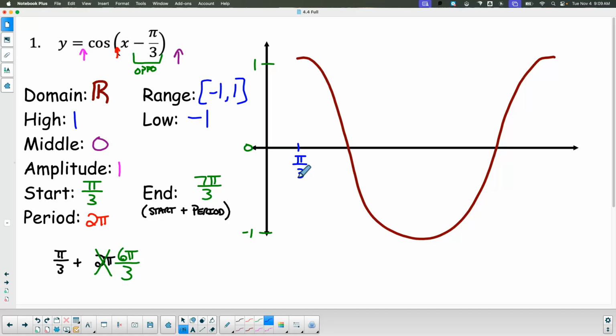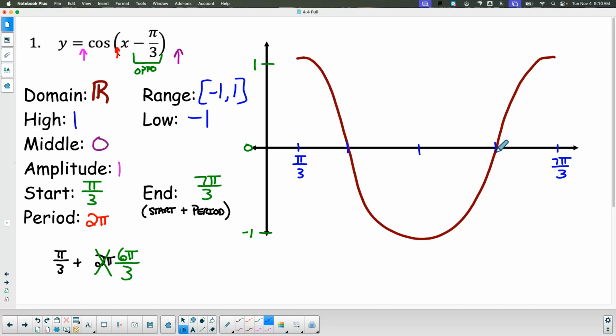That means my y-axis cannot be on that edge of my curve. Okay? Because that's pi over 3. We could make a dashed line there, but that would be the only dash that couldn't be solid. We ended at 7 pi over 3. So I need this point, I need this point, and I need that point.